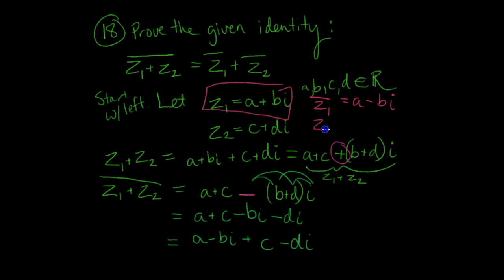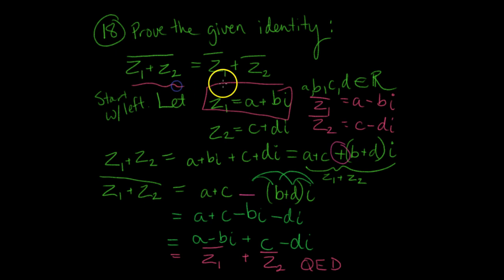And the conjugate of z2 right here is equal to c minus di. So we just found that this is the conjugate of z1 plus the conjugate of z2. QED. So we started here, remember, and we got to the second side. And then we're done proving our identity.